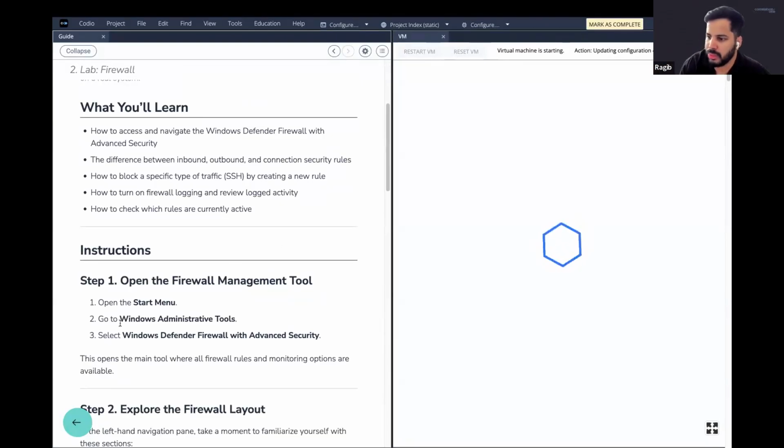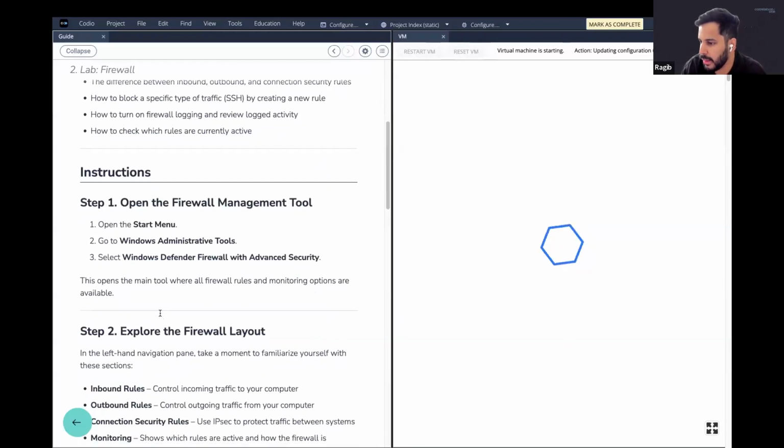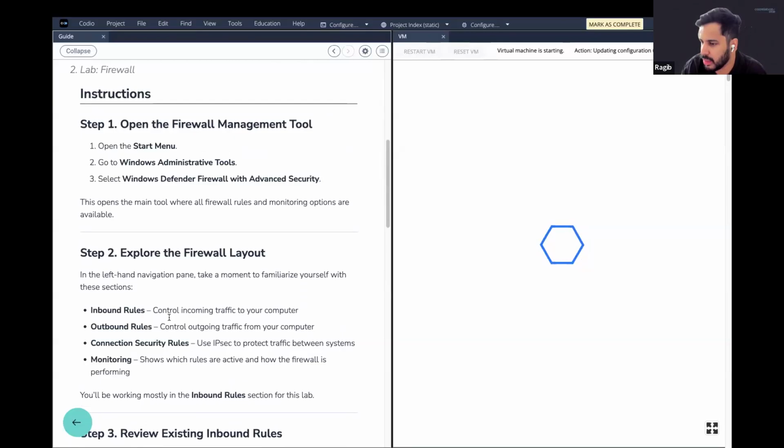We talked about Windows Defender before. This is a different Windows Defender, for personal computers, but a similar Windows Defender is used for enterprise-level applications as well.